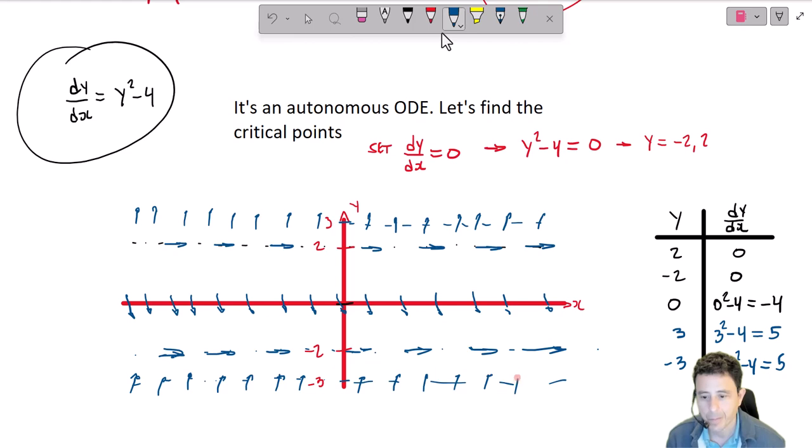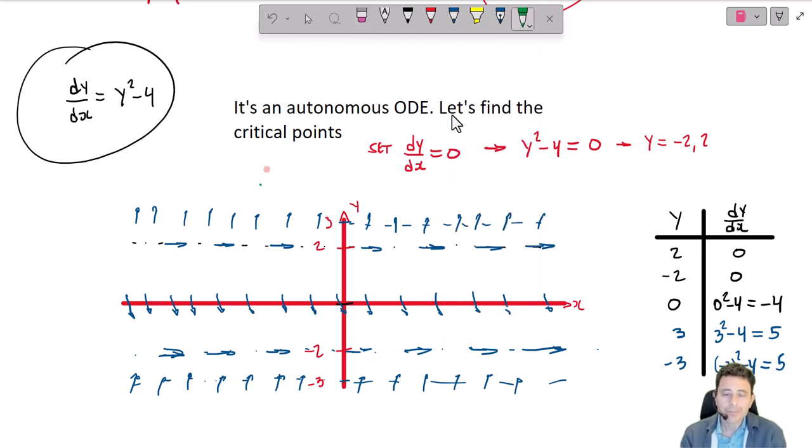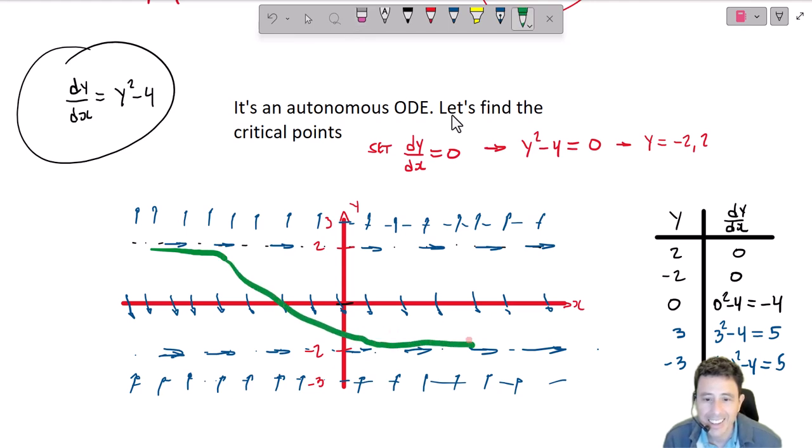Okay, I think we are ready to draw some solutions here. I'm going to use green here. Notice by looking at the arrows, I can tell that the solution will be something like this. There we go. And something like that. And if it's here, it's going to go like that.